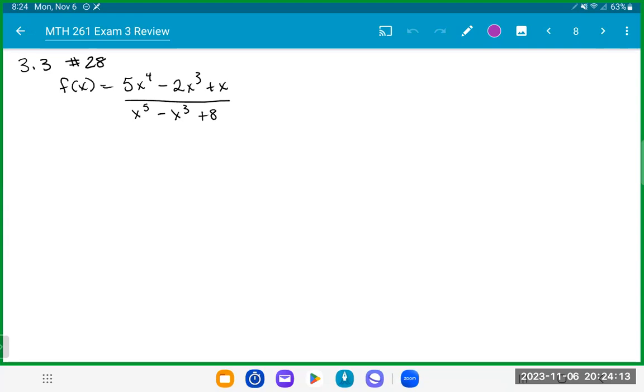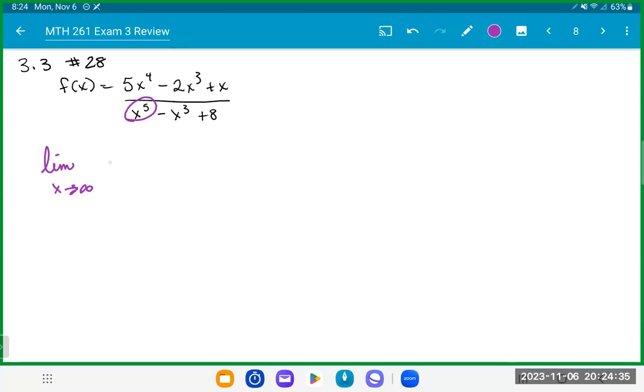So remember, to find the horizontal asymptotes, we need to look at the limit as x approaches infinity. And so we have the limit as x approaches infinity, and we have to take the largest exponent in the denominator. So in this case, that's x to the 5.